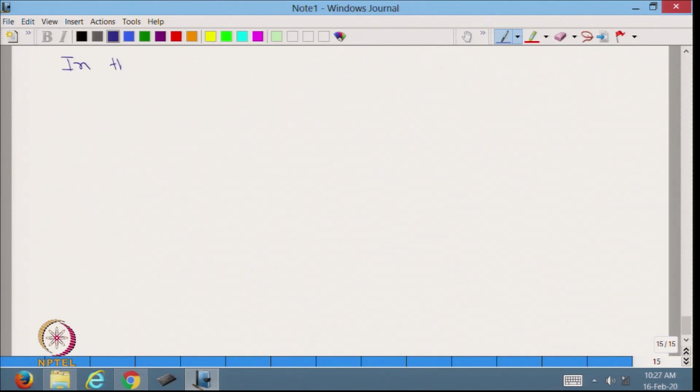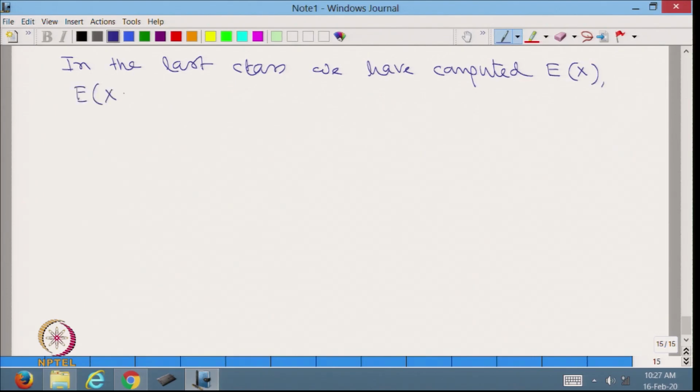In the last class, we computed expectation of x, expectation of x plus c and expectation of c x when x is a random variable.